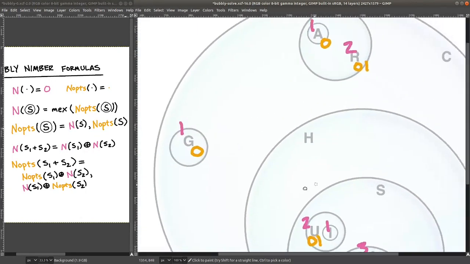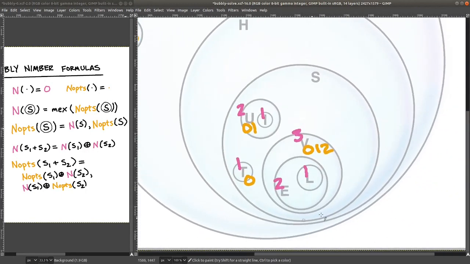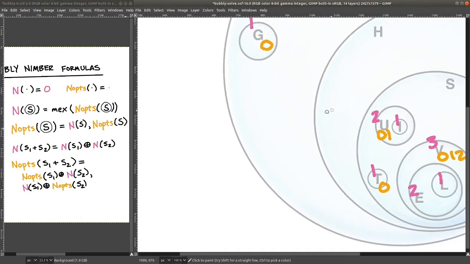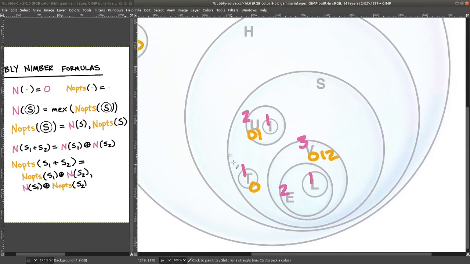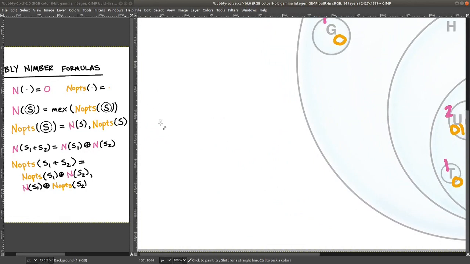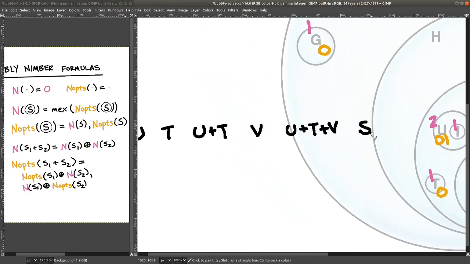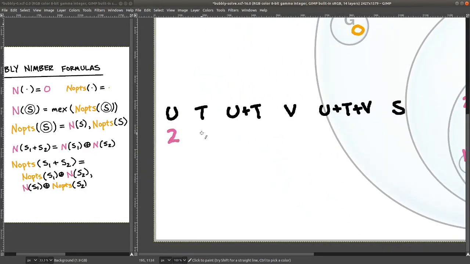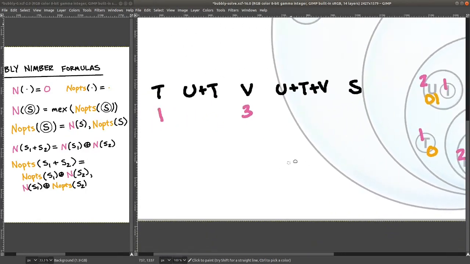All right, great. So that is the trivial ones. Now we've got S. So the state S is a bubble around the state consisting of U, T, and V. So I'll make a table like we had before. U, T, U plus T, V, U plus T plus V, and then S. Which is a bubble around this state. T is 1, V is 3.